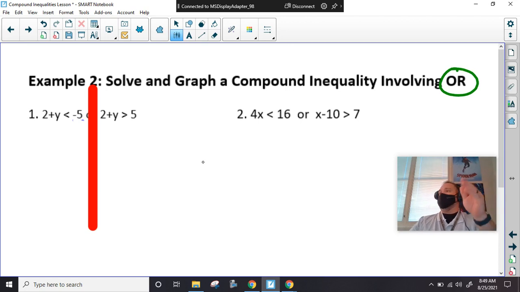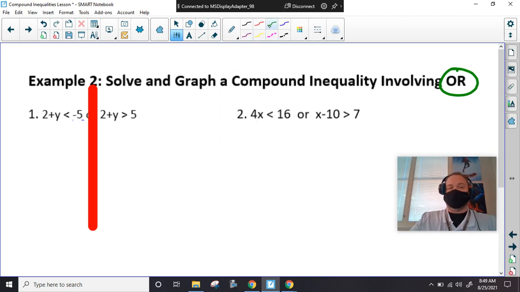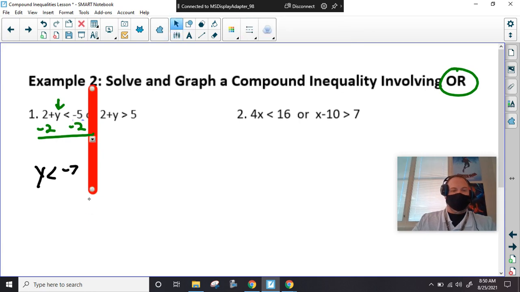Now, for those people that love to do one side and then the other, this is right up your alley. Okay, so we're going to start with the left. There's my variable. What's being done to y? Added to 2. So what do I have to do? That's the opposite. So I subtract 2, and I get y is less than -7. Okay, I made this line too big.